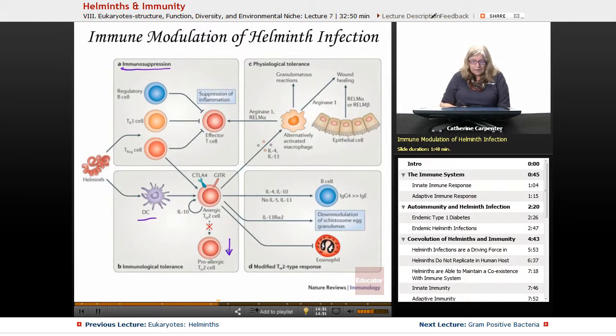And these anergic Th2 cells can go on and induce B cells, right, that down-modulate, in particular, the schistosoma egg granulomas, and they alternatively activate these macrophages that can also function in relationship to wound healing in these epithelial cells.